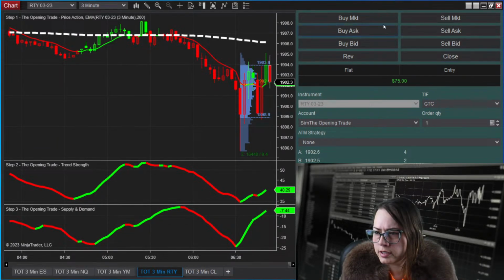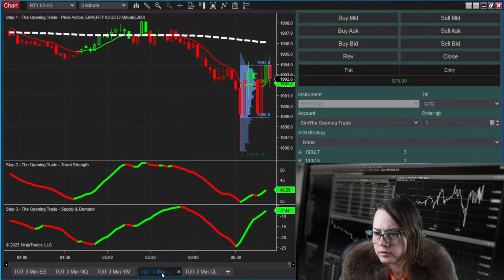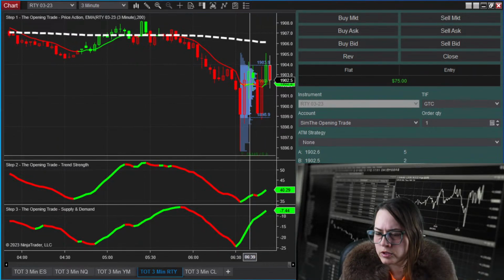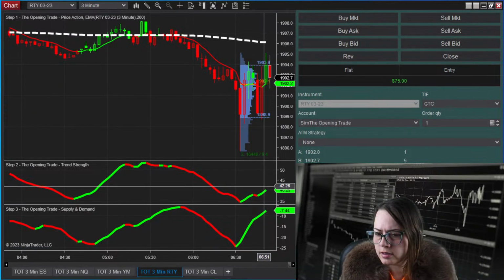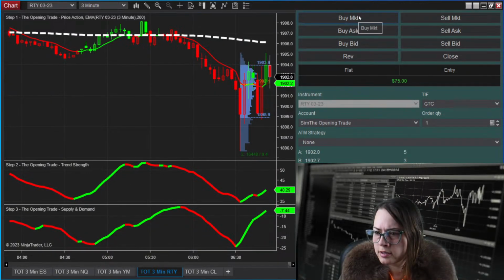Here we're looking at the Russell. Might pop into that guy. Because the previous candle was green, the step 2 was green, the step 3 was green.